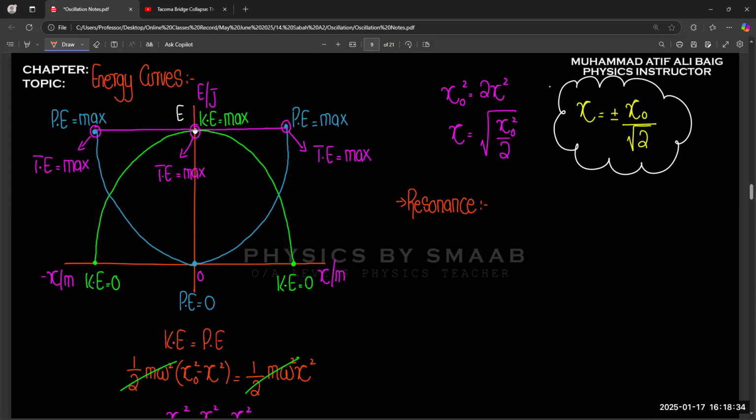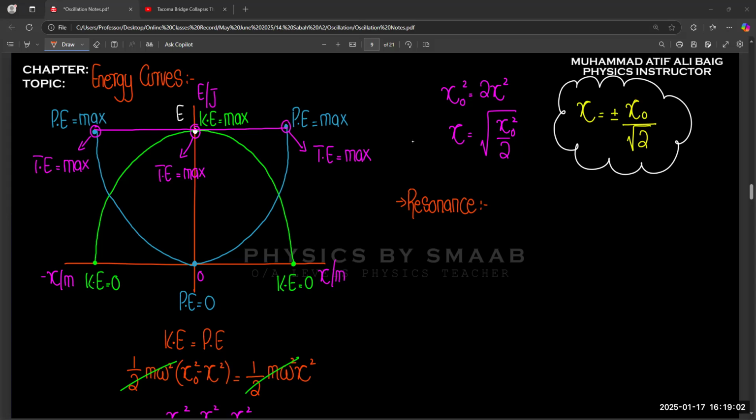When we move forward, we spread out our legs in the forward direction, and we bend both legs when we move backward on the swing, right? So it gives us extra speed, and we move faster as compared to the initial stage. That is also an example of resonance.